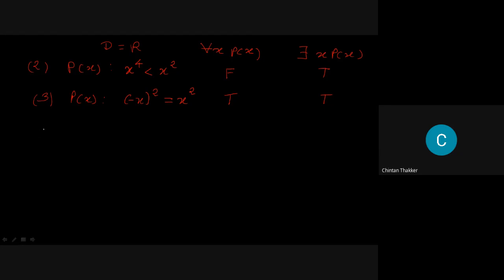Then the fourth one: P of x is 2x greater than x.